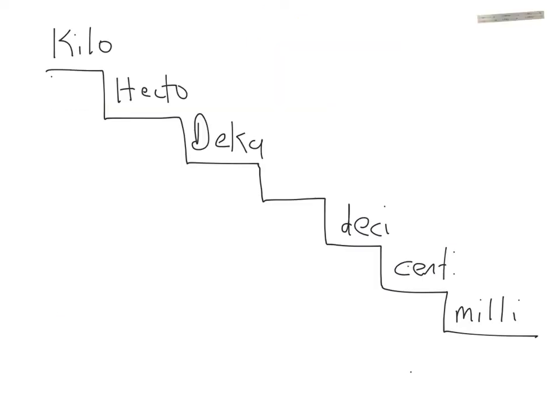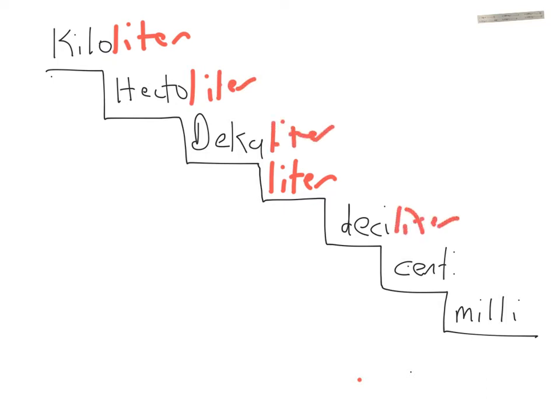I put this one into a stair form. So we're going to put liter, since we're working on liters here today. Liter here, decaliter, deciliter, centiliter, and milliliter right there.